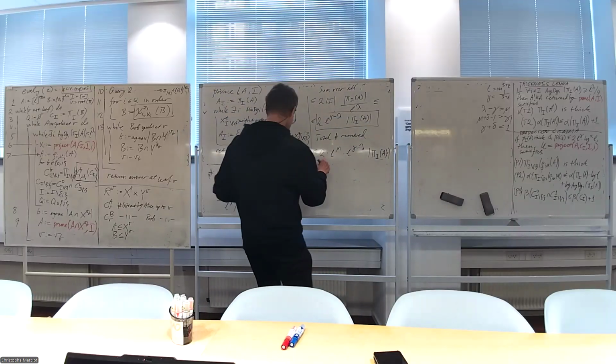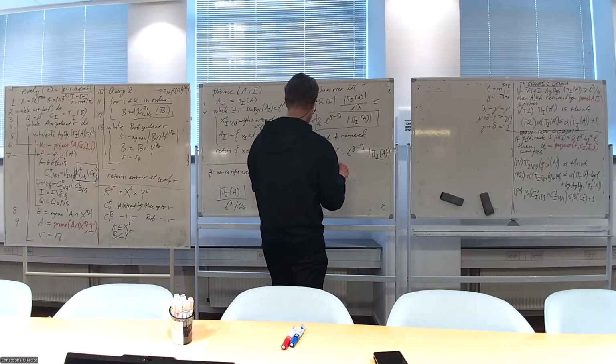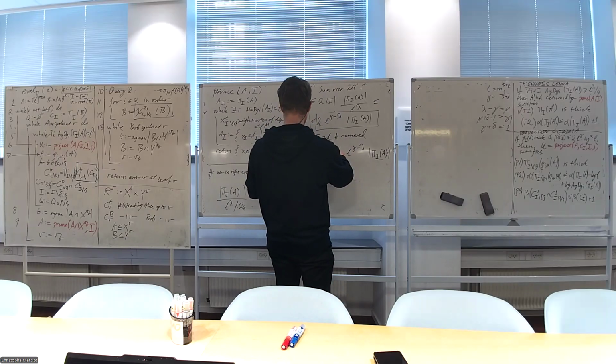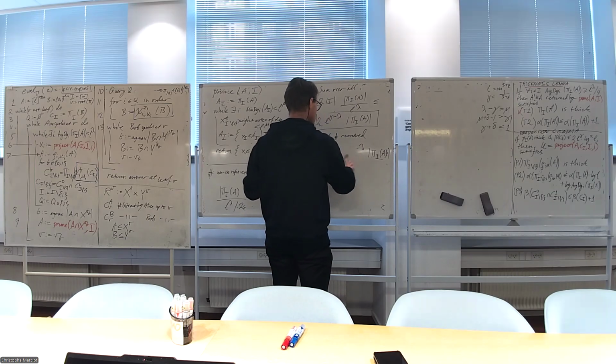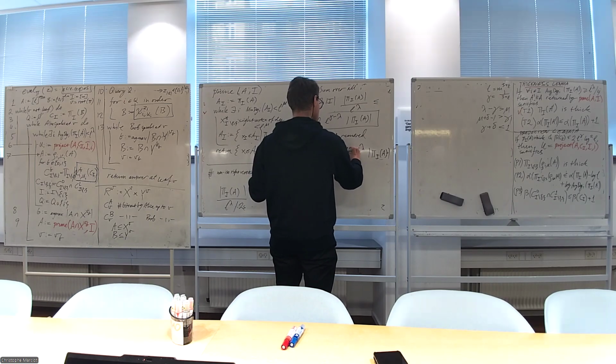But now let me rephrase this. This is like gamma plus mu minus lambda, right? So let me write this. L raised to the power of gamma plus mu minus lambda.